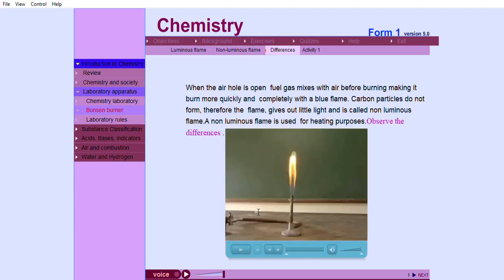The Bunsen burner thus produces two flames. The luminous flame when the air hole is closed, while the non-luminous flame is produced when the air hole is open.